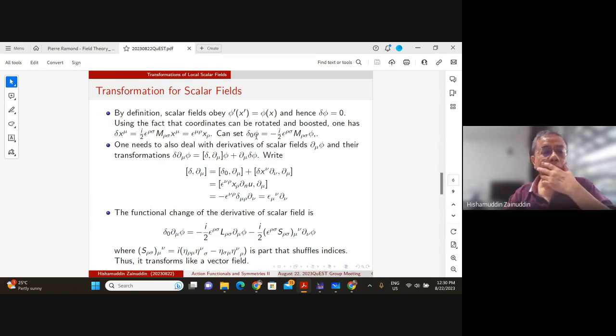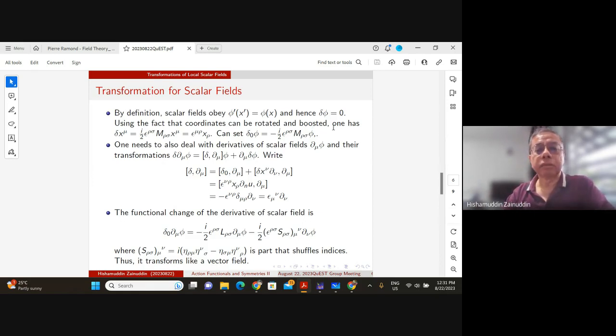Now we are considering other transformations besides translation. There will be rotation, which is just mixing the spatial coordinates, but you can also do boost transformations, for which time and space can be rotated between each other.